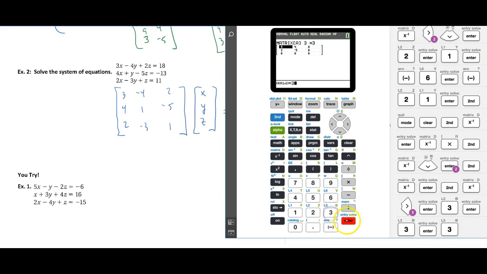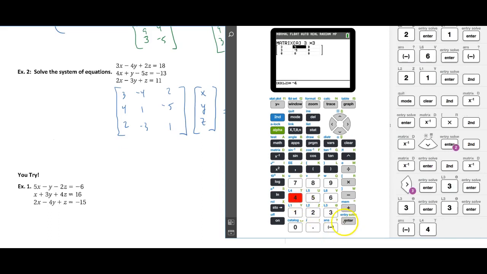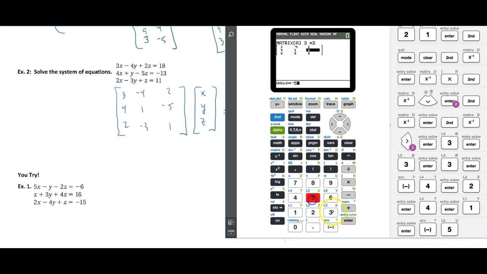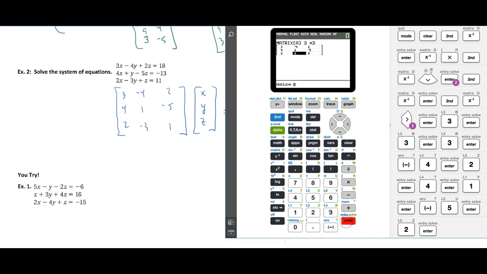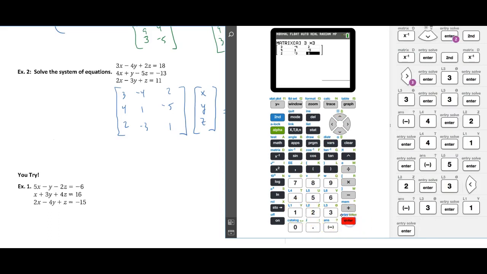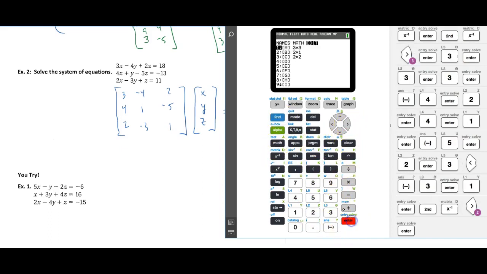So now 3, enter, -4, enter, 2, enter, 4, enter, 1, enter, -5, enter, 2, enter, sorry, -3, enter, and 1, enter.